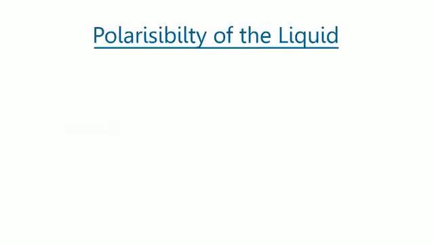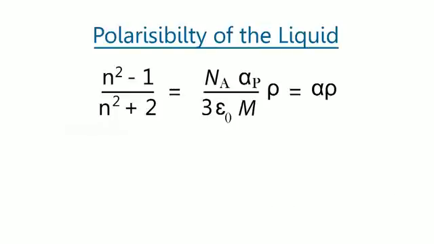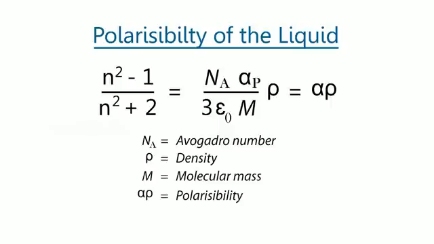Using the Clausius-Mossotti relation, we can calculate the polarizability of the given liquid, where Na is the Avogadro number, ρ is density, m is molecular mass, alpha p is the polarizability, and epsilon zero is the permittivity of free space.